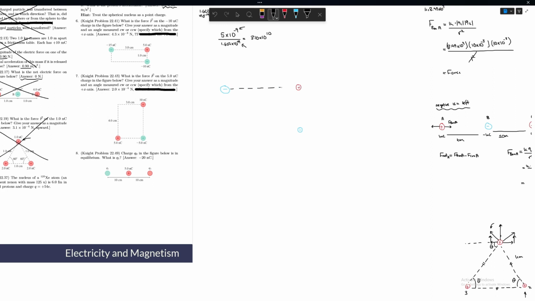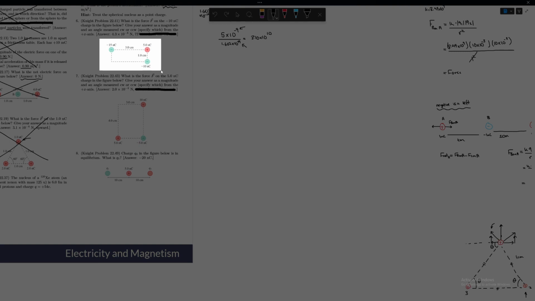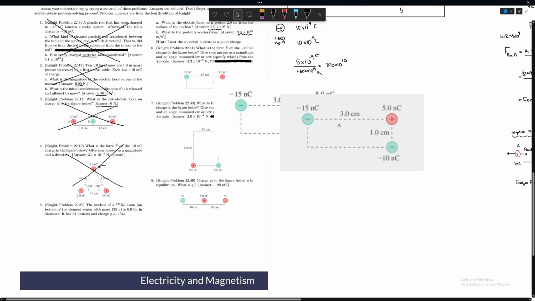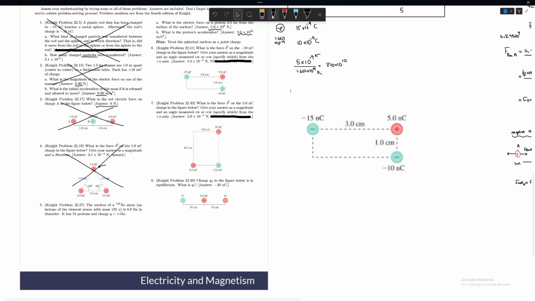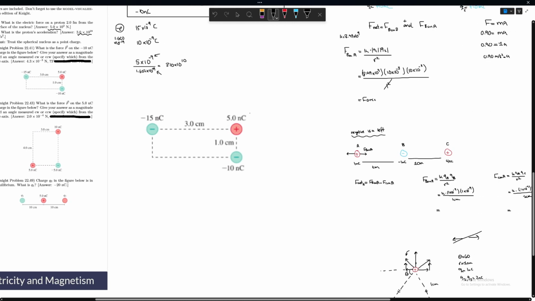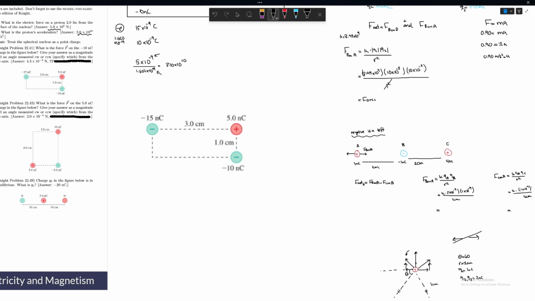We have some distance. So this is our diagram. Usually when you draw your diagram, you understand it better, so I would suggest you draw it for practice.